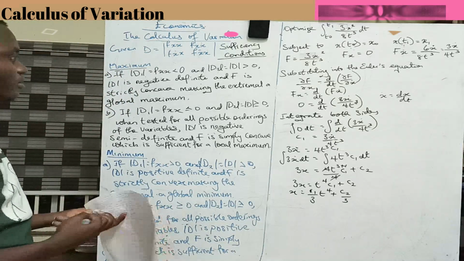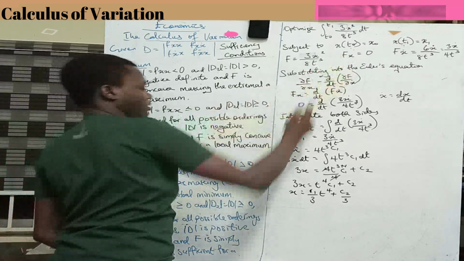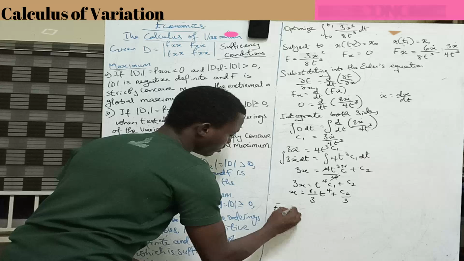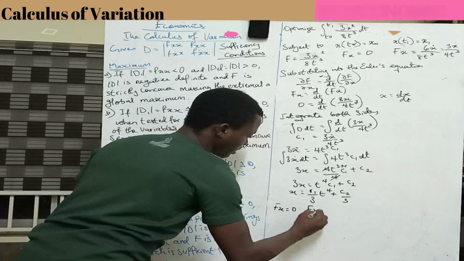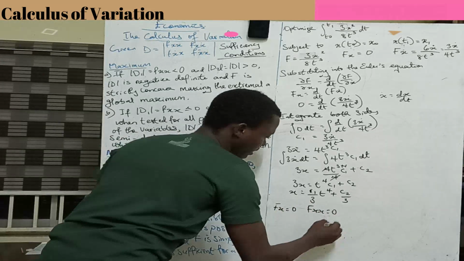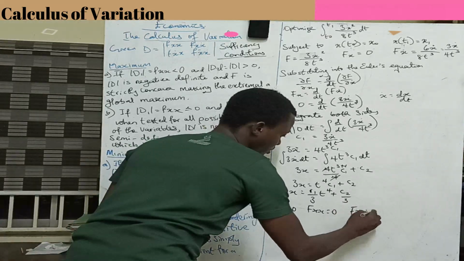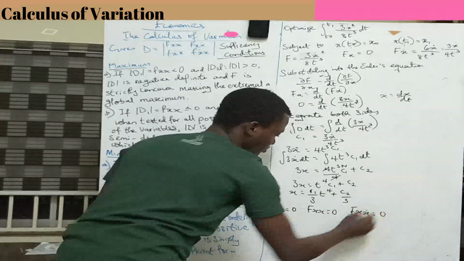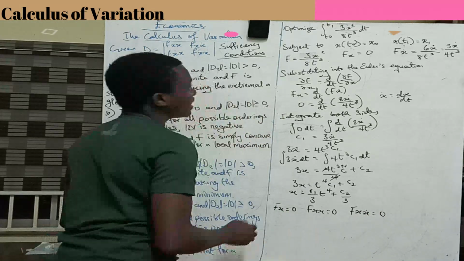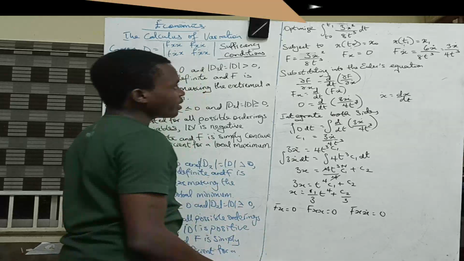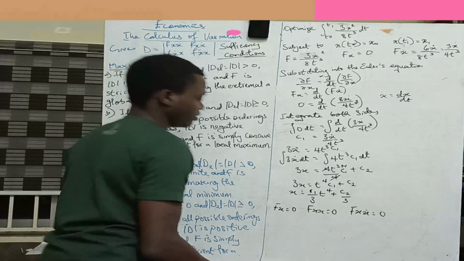So our f here, fx is 0. So you have fx equals 0. So definitely fxx is 0, and fx x dot, this is 0. So everything is just 0. Then our fx dot is 3.